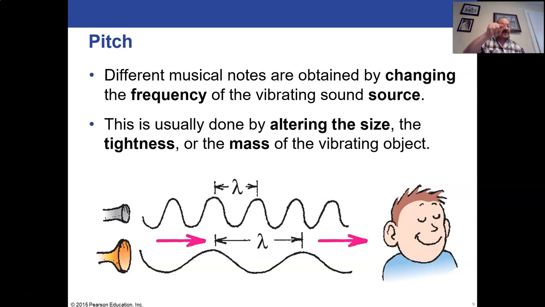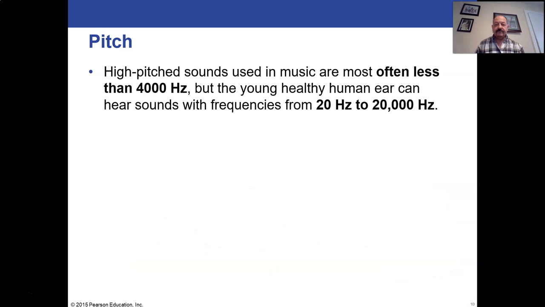Wavelength is the lambda, that Greek letter that kind of looks like a squiggle with a line coming off the squiggle. That's a lambda. That stands for wavelength. So high-pitched sounds used in music are most often less than 4,000 hertz. In other words, humans can hear between 20 hertz, which would be about 3, maybe 4 keys below the bottom key of a piano keyboard.